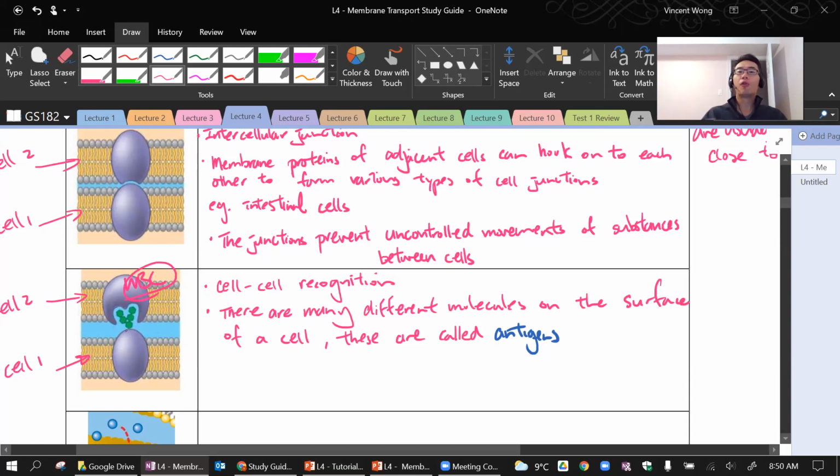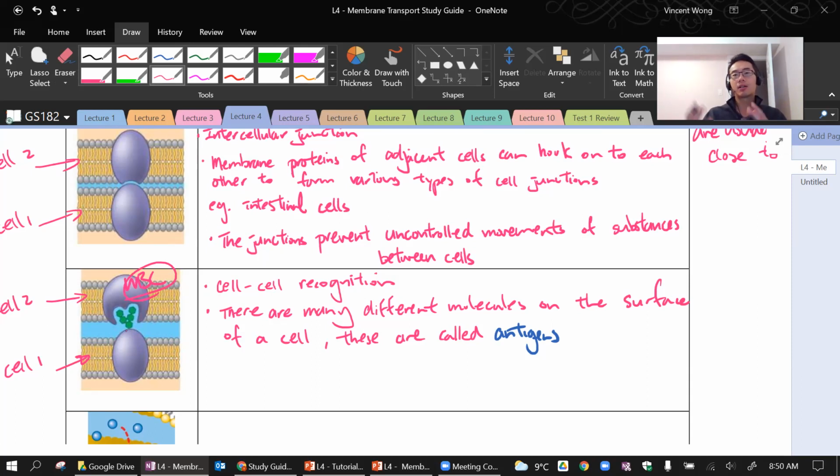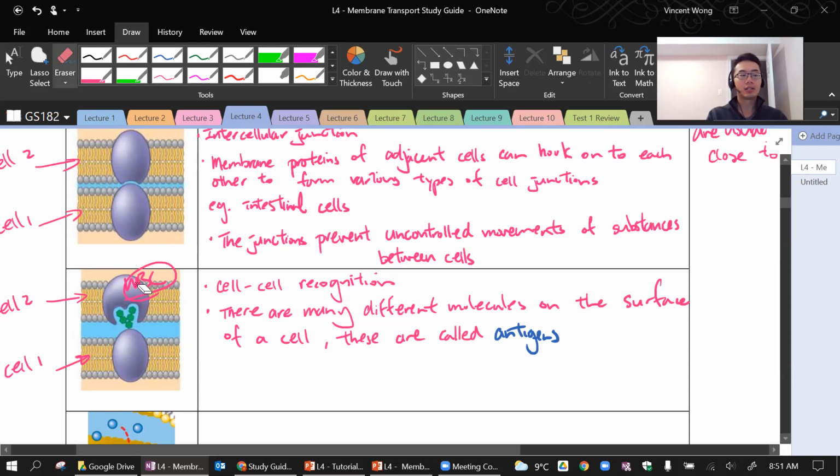Foreign means outside of the body, right? If a cell has antigen that does not belong to your own body, maybe it came from a bacteria, maybe it came from a virus, maybe it came from a transplant organ, then your white cell is going to attack it.